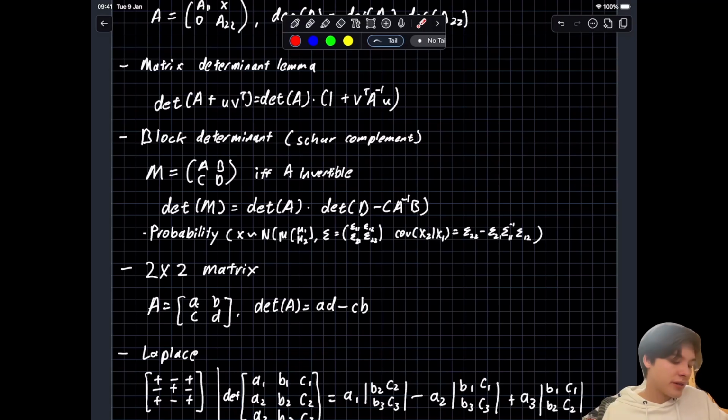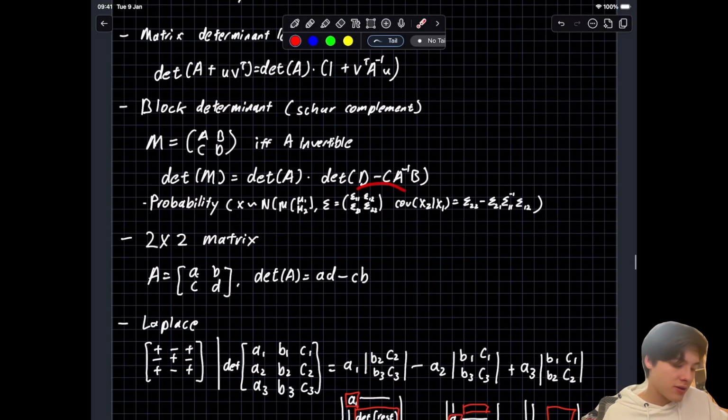Block determinant, Schur complement. It's used for probability, where we have the same formula. We have A, B, C, D. If A is invertible, then the determinant of M is the determinant of A times this, the Schur complement.